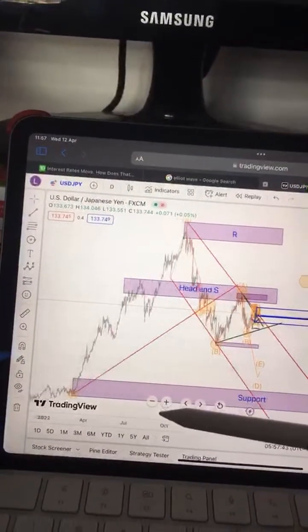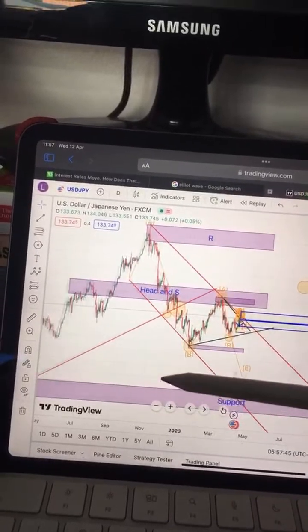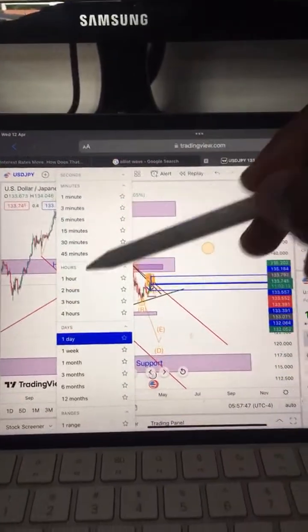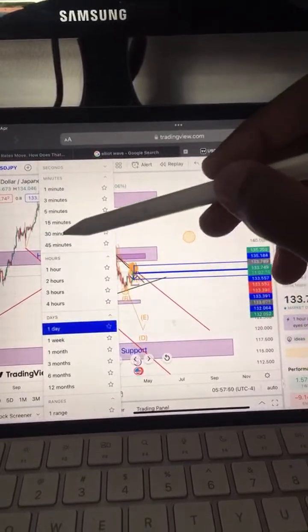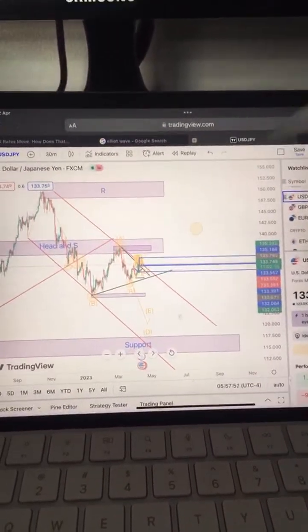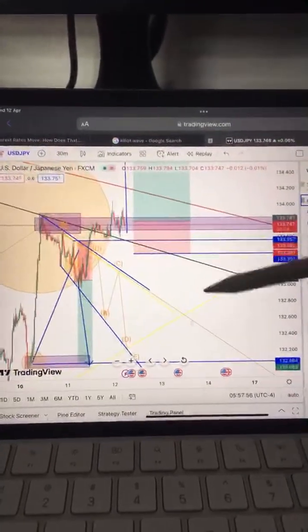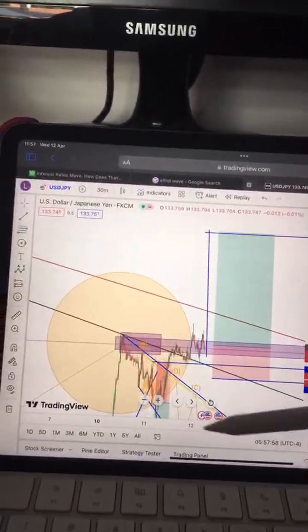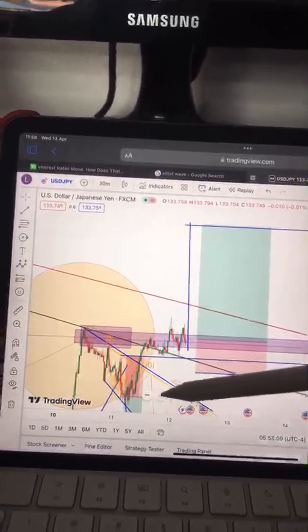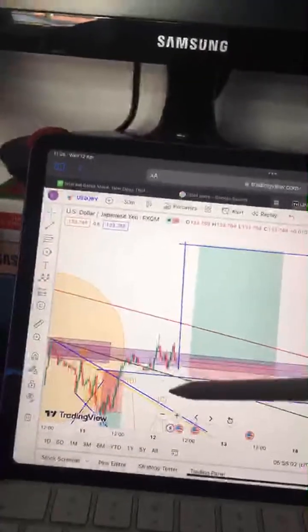This is USDJPY, and let me move my time frame to 30 minutes where I have my entry analysis. This is my entry analysis for M30 right here.